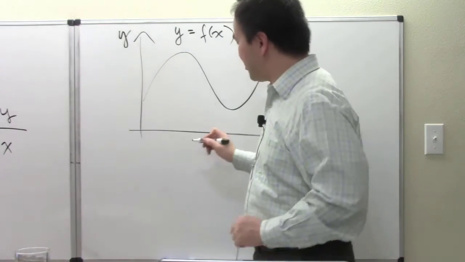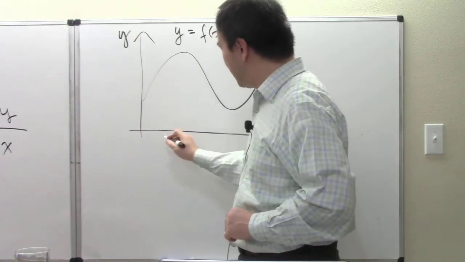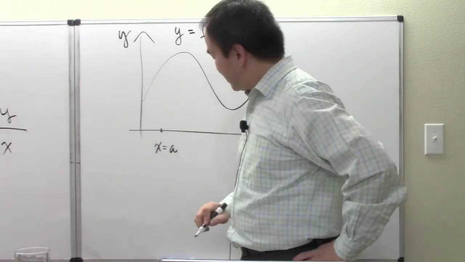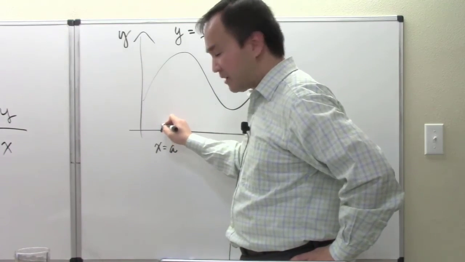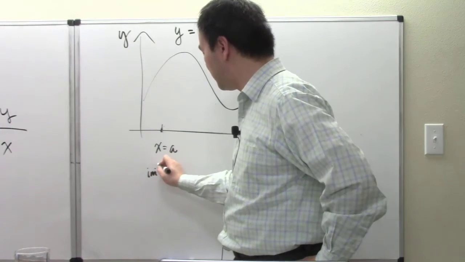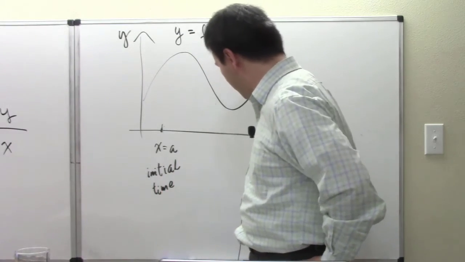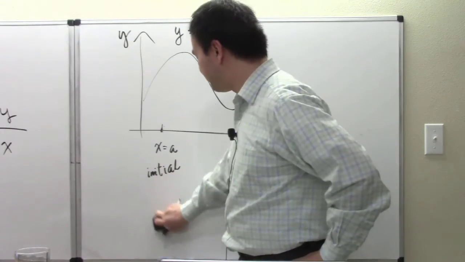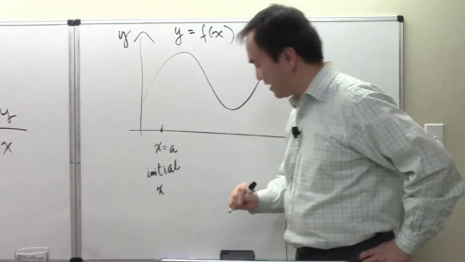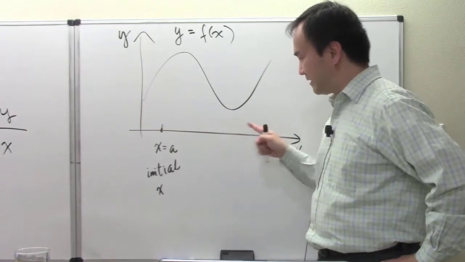Now generally speaking, applying what we have learned about the speeding problem, the motion problem, let's say on the x-axis we're starting out at some time instant a. Let's call that the initial time, or the initial x value, because that's when we start. And just like I said, we're always looking on the horizontal axis from left to right.